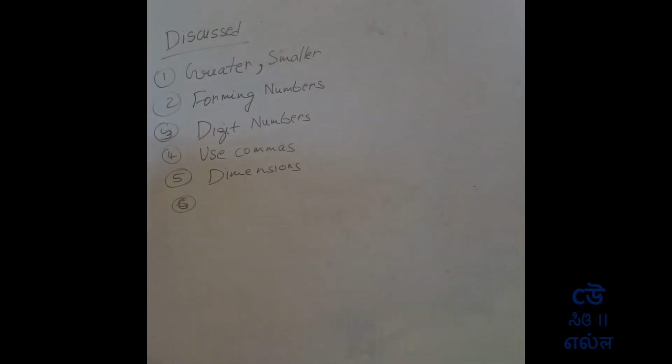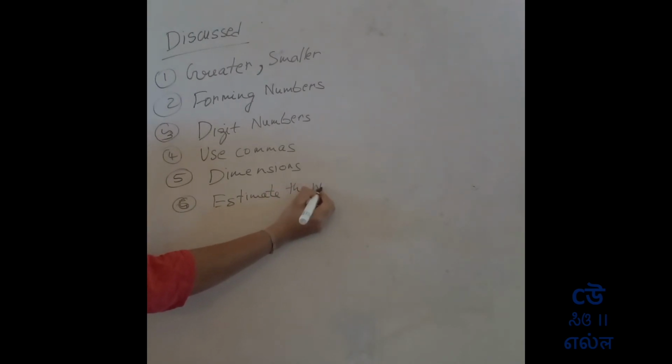Next, sixth topic, what did we learn? We learned that in many situations we cannot find the exact calculation. So to find an approximate calculation, we learned how to estimate the numbers, right?